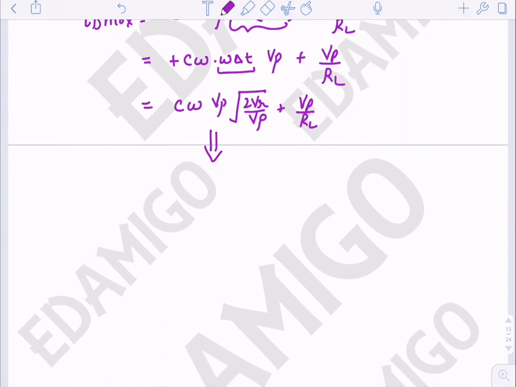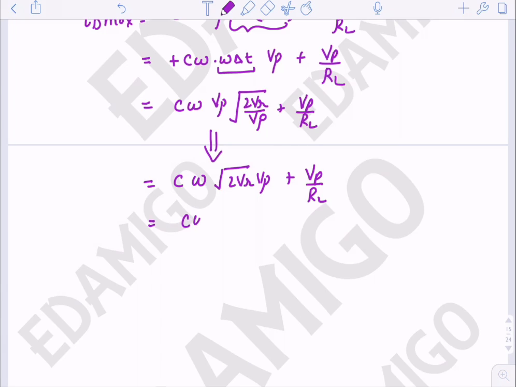Now if we multiply, first of all, this can be written as C omega under root of 2 Vr into Vp plus Vp upon RL. Now multiply by under root Vr in numerator and denominator.